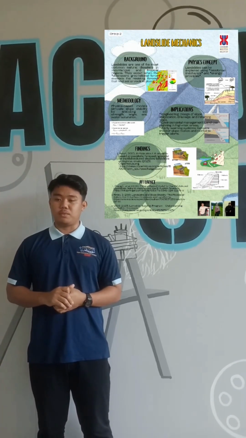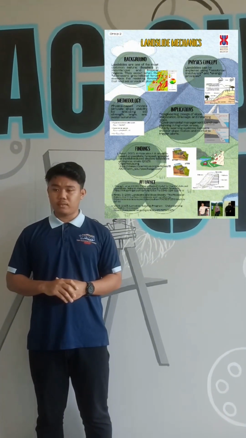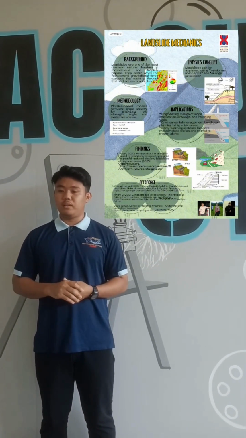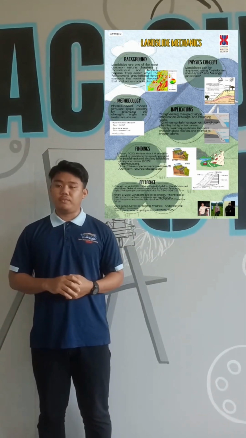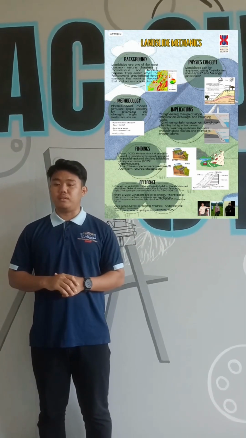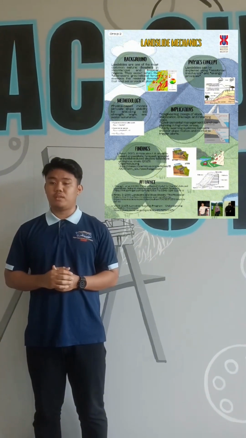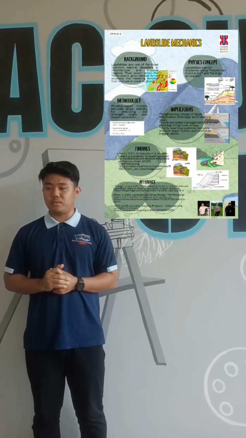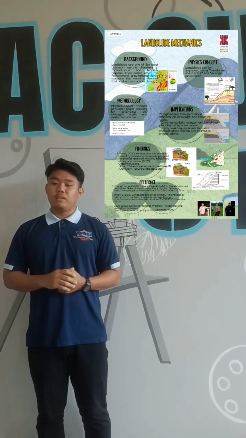To model this process, scientists use physics-based slope stability simulations that analyze soil strength, slope angle, and soil weight. The factor of safety is used to measure slope stability, calculated as the factor of safety equals the resisting forces divided by the driving forces.